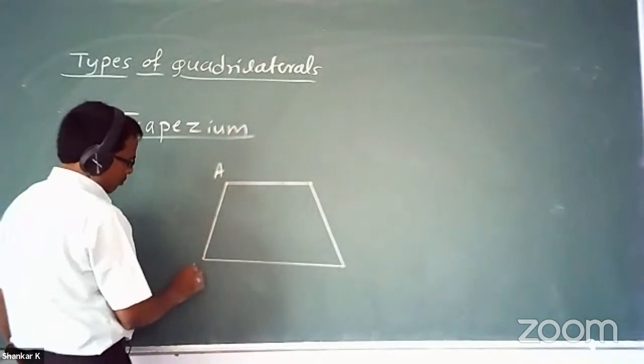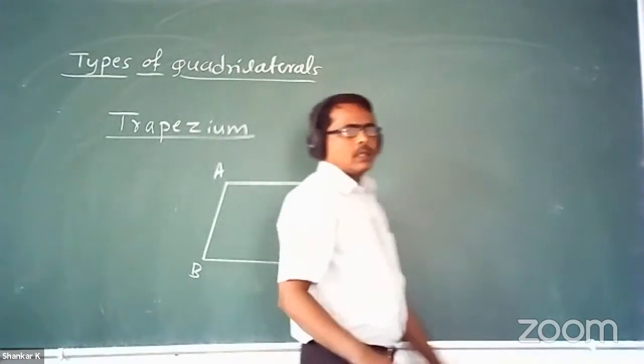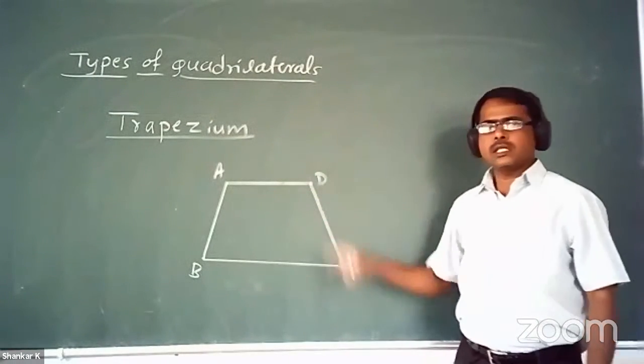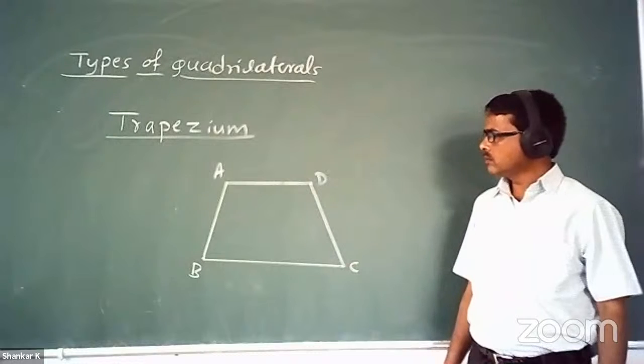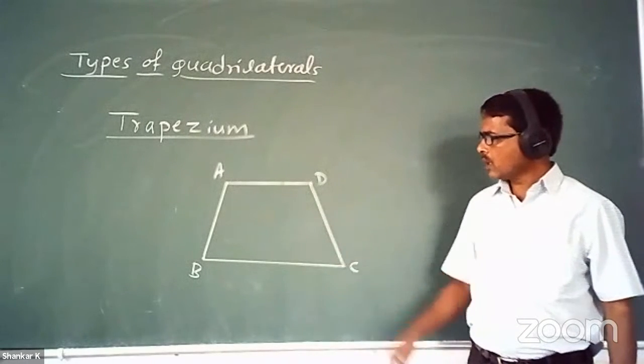A, B, C, D. Here, the diagram ABCD is a trapezium. What do you observe here?